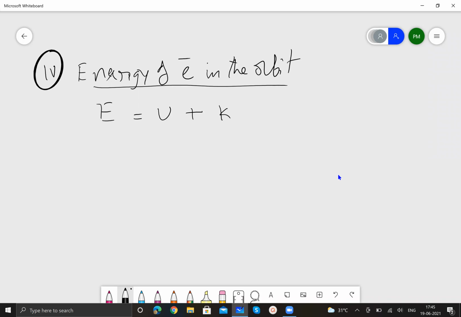Please write this. Electron possesses the potential energy by virtue of its stability in the orbit against the Coulombian attractive force.